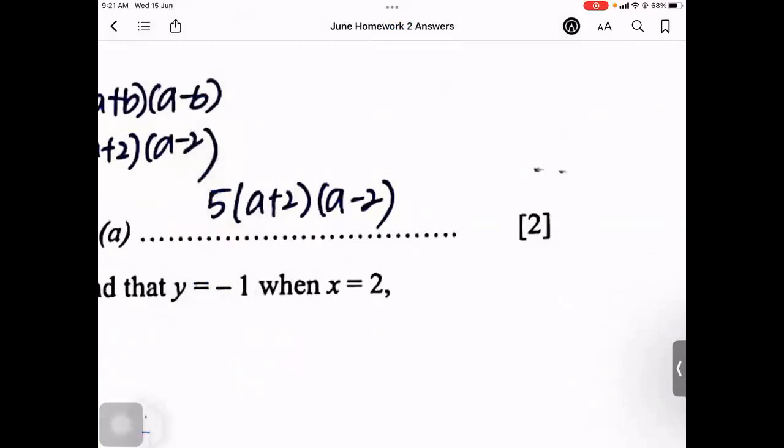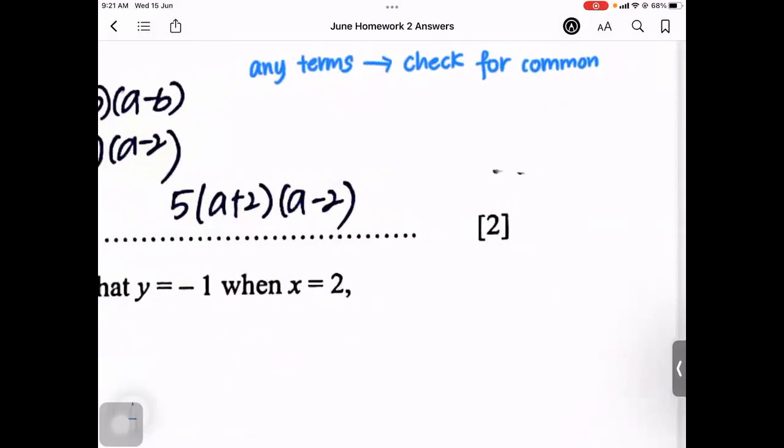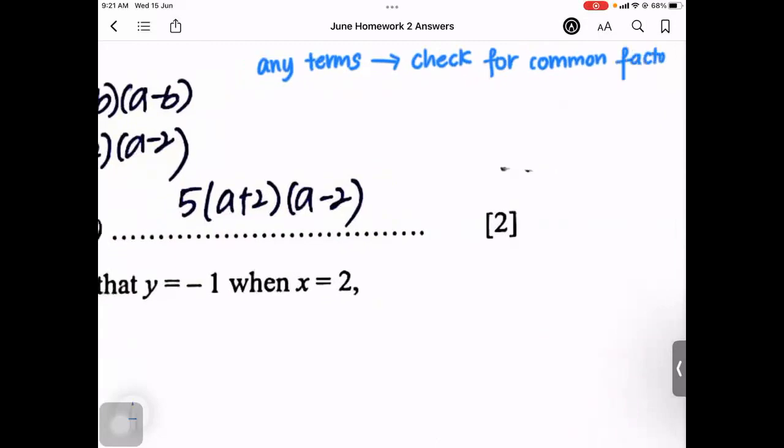If there is any number of terms, the first thing that we always do is check for common factors. This is very important. Before you can do any type of factorization, always check, is there any common factor? For any number of terms.